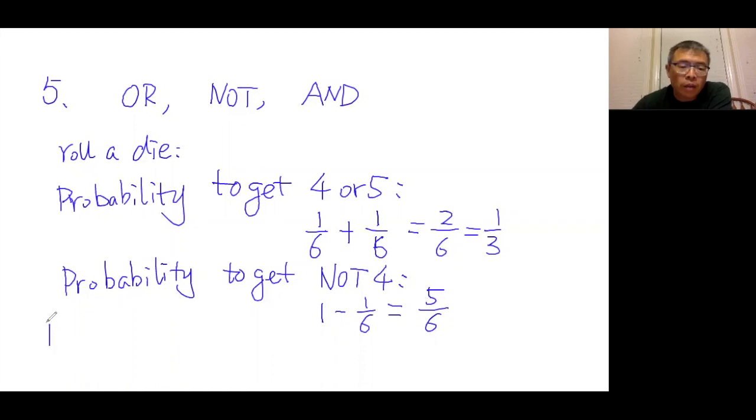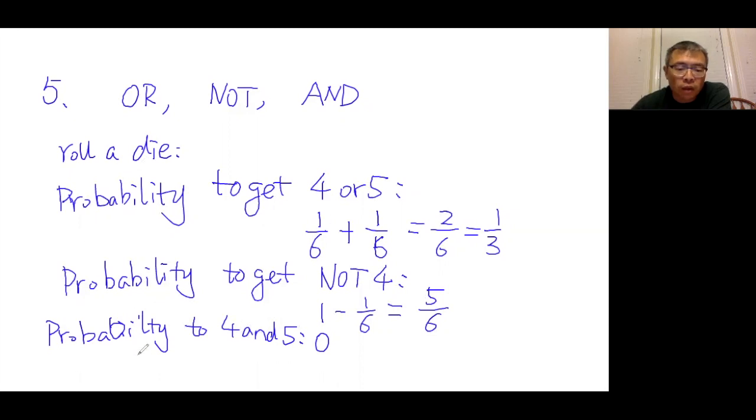Finally, let's talk about the probability of and. Now, certainly, if you just want to talk about the probability to get 4 and 5, it's just impossible. You never get 4 and 5 show up together, so this is 0. But there's another kind of and question you can ask.